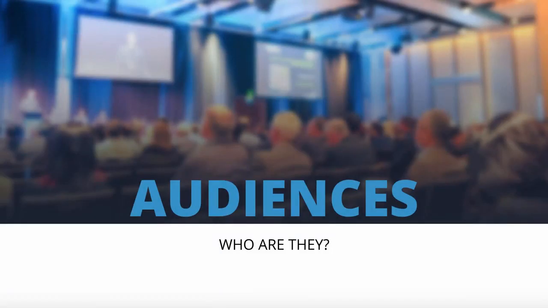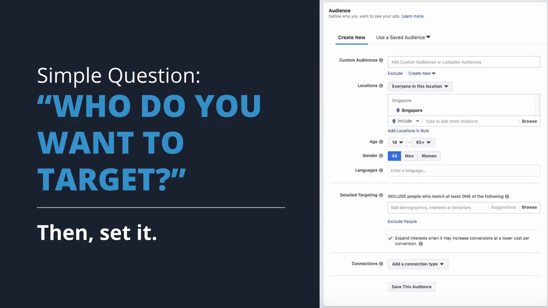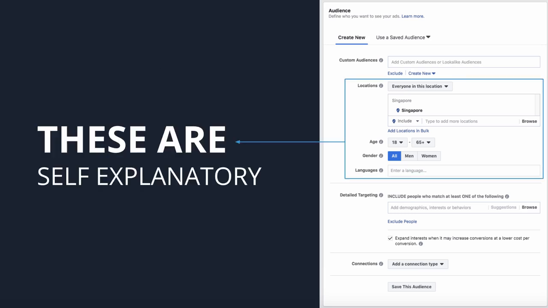So audiences, who are they, and what can we do for audiences? The audiences is who you want to target. And there's really three main types of audiences. Location, age, gender, language are self-explanatory.